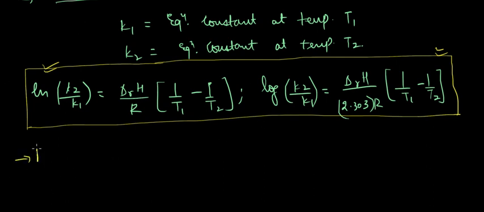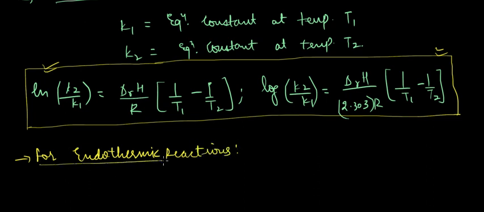So for endothermic reactions, we can write that delta RH is positive.